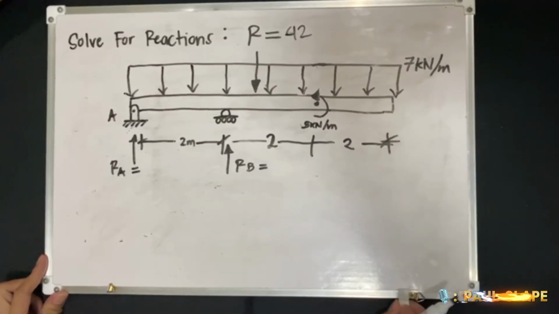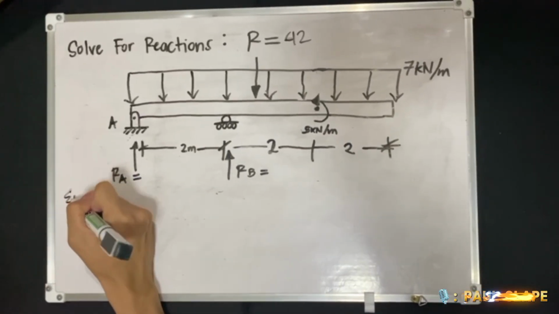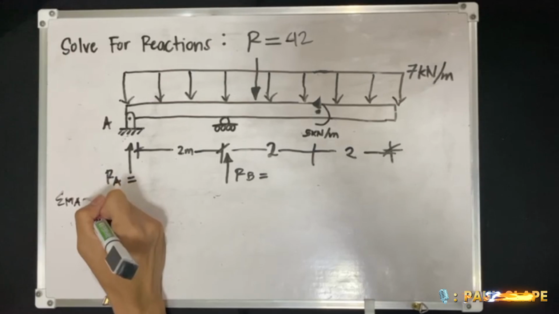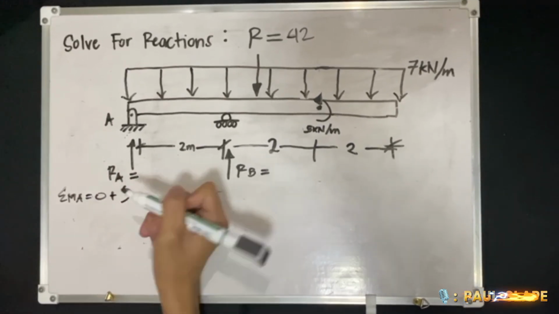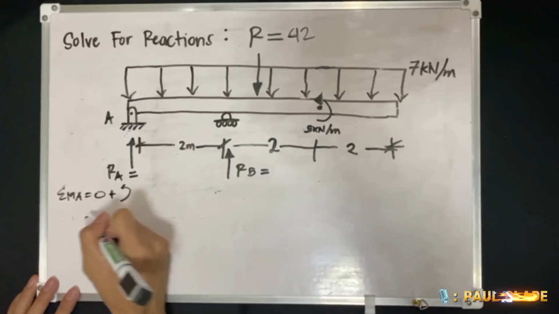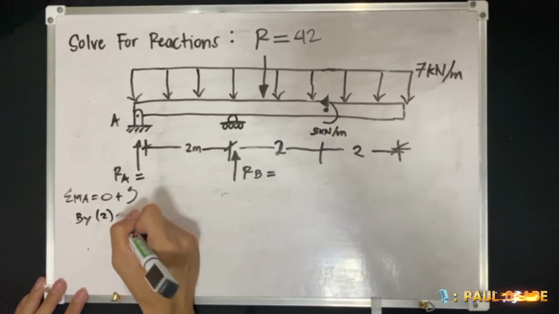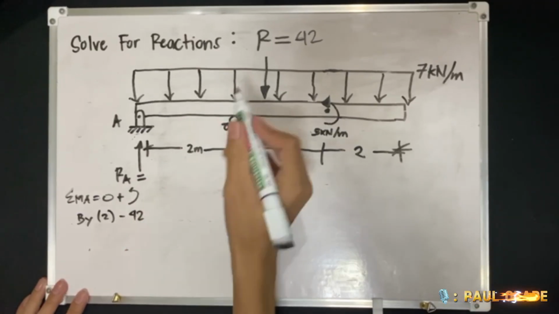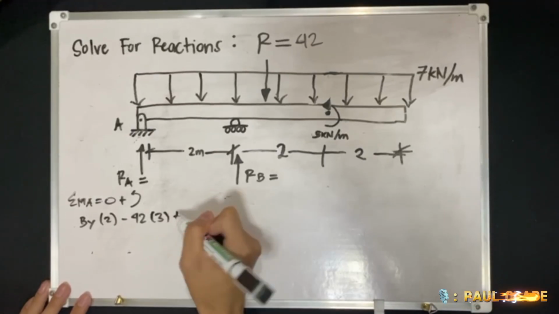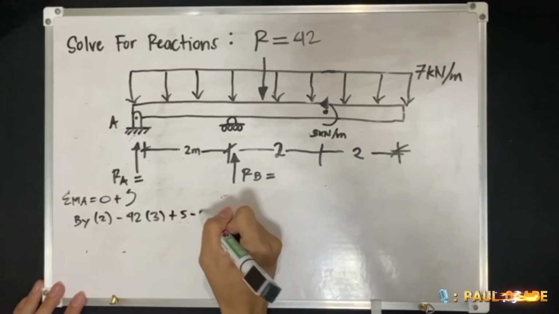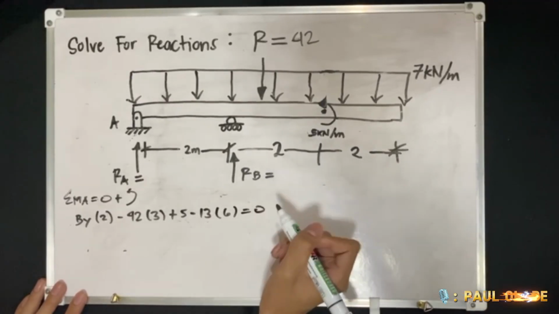Next, let's get the reactions. So moment at A equals 0, positive counterclockwise. So By times 2 minus 42, which is our resultant, times 3 plus 5 minus 13 times 6 equals 0.